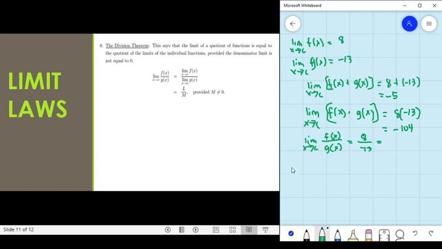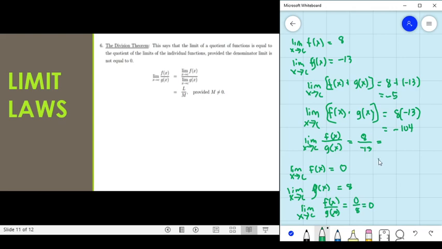Another situation: the limit of f of x as x approaches c is 0, for example, and the limit of g of x as x approaches c is 8. So the limit of f of x over g of x as x approaches c is equal to 0 over 8, or 0.